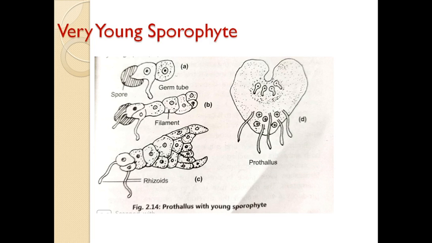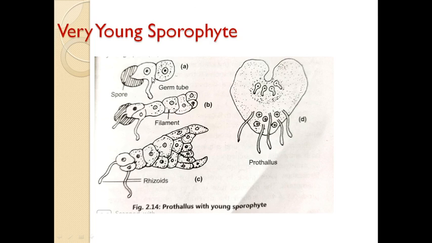Next I am focusing here on the very young sporophyte. Students, see that many archegonia of the prothalli are fertilized, but only one oospore divides, and it divides mitotically within the venter to develop the embryo. The early embryo consists of the foot, root, stem apex, and cotyledon.